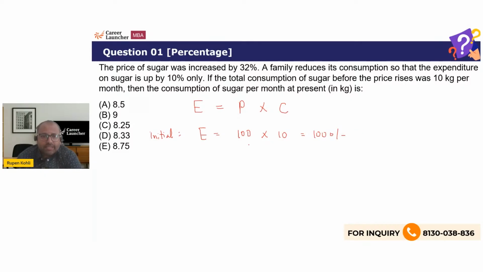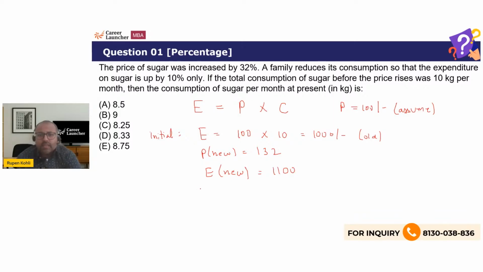Now, expense has increased by 10% and price by 32%. We assumed the price is 100, so now the new price is 132, based on the increase. Since the old expense is 1000, the new expense, which is 10% more, comes to 1000 into 1.1, which is 1100.